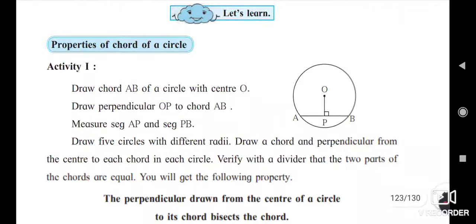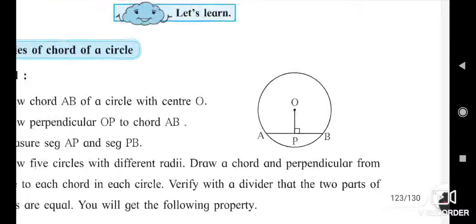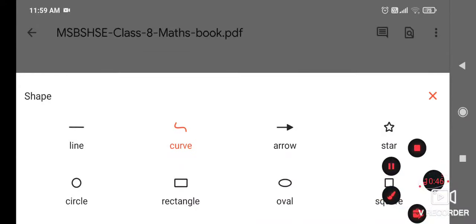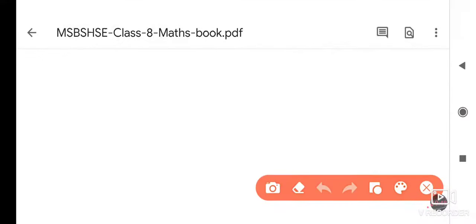After that, we will see the properties of the chord of a circle. For understanding this property, first of all I will show you an activity. For that, we have to draw one circle. Here it is a circle.